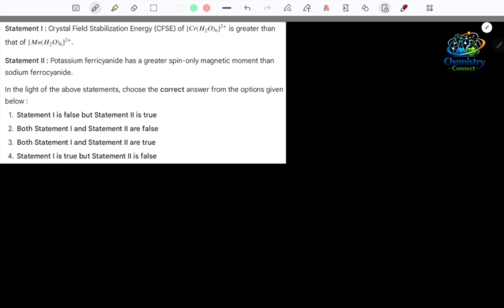So CFSE of [Cr(H2O)6]2+, and one more is there, that is [Mn(H2O)6]2+.